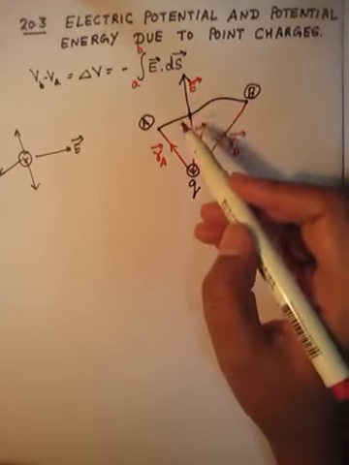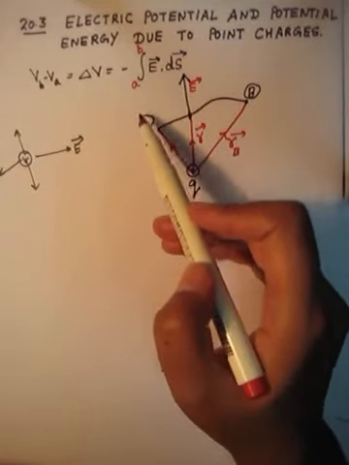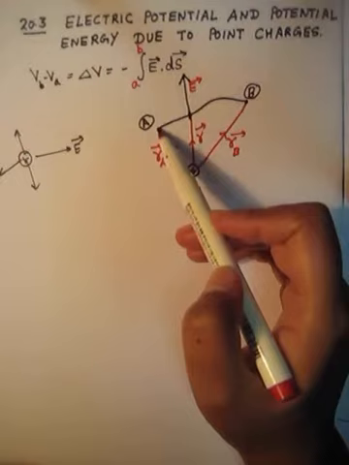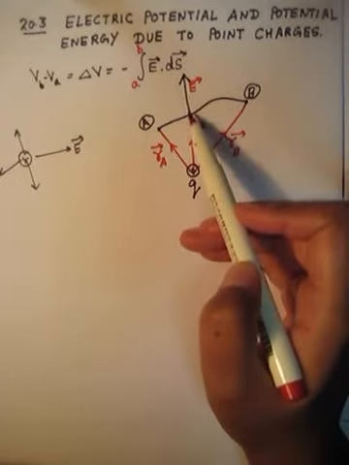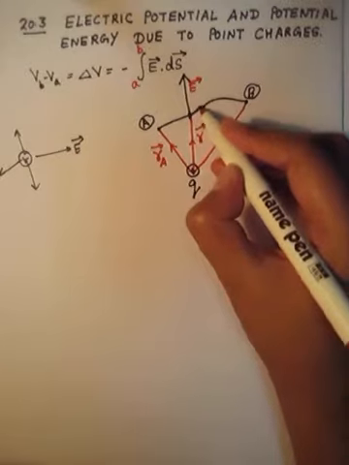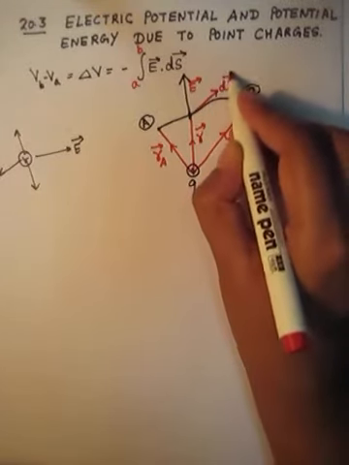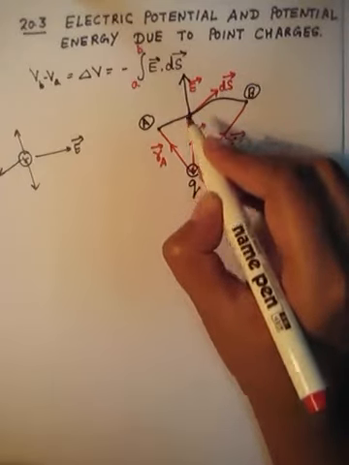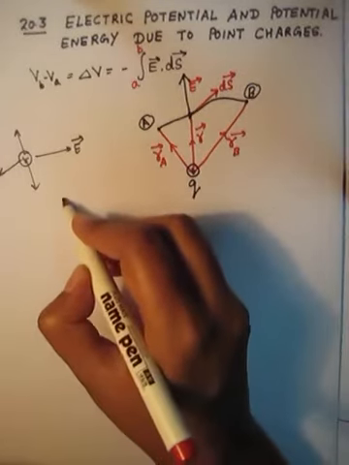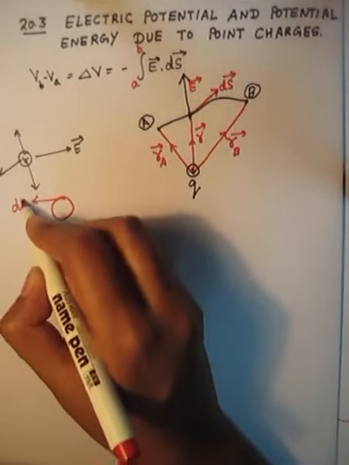And for the displacement ds, in this case we're moving from A to B, and at this particular point the displacement vector will be a tangent. If you remember, the displacement vector on a circular path is a tangent to the path.